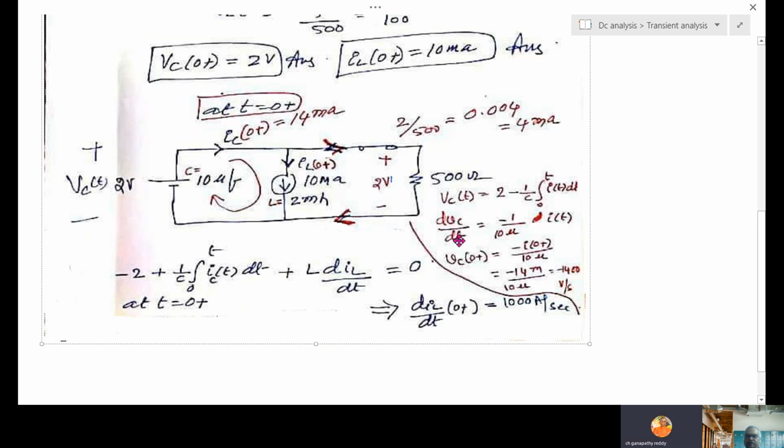Differentiate this: dVc by dt equal to derivative of the constant is 0, minus 1 by c I of t. And at 0 plus, substitute I 0 plus. Simplify, you will get minus 400 volts per second. Okay.